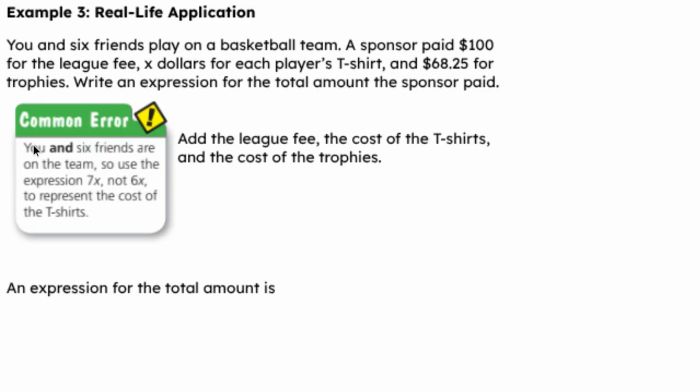Now, a common error is when it says you and 6 friends, that means 7 people, not 6 people. You and 6 means 1 plus 6 or 7. So I'm going to add the league fee, which is $100, and the cost of the t-shirts and the cost of the trophies.